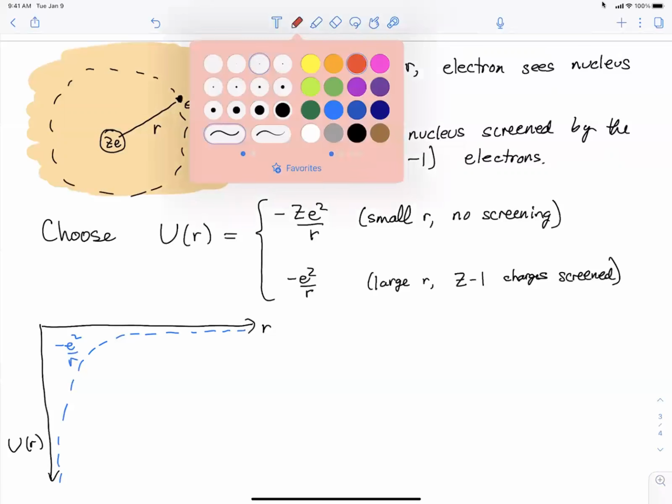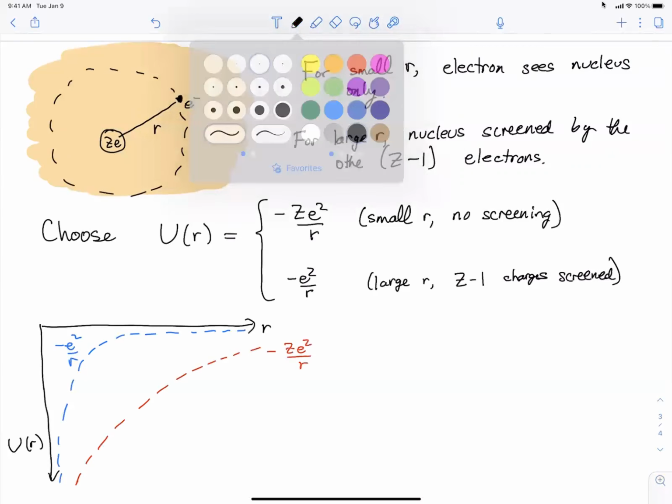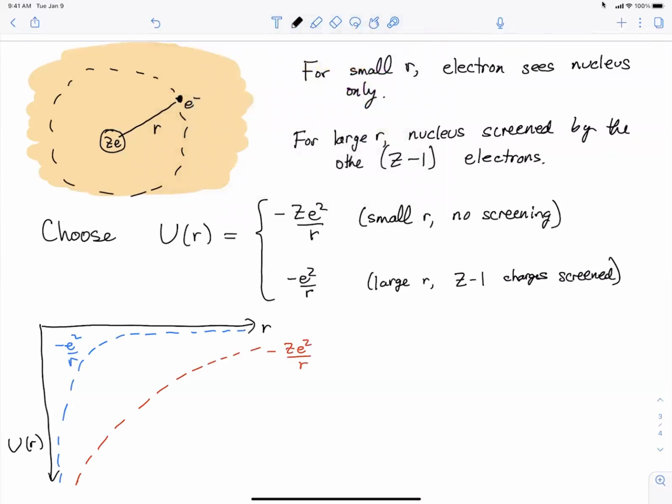And then there would be the relatively stronger potential for including the nucleus. So that would be minus Z e squared over r. And so what we're saying is when you choose your U of R, at large R, you should be up here, close to the blue dashed line. And for small r, you should be approaching the red dashed line.